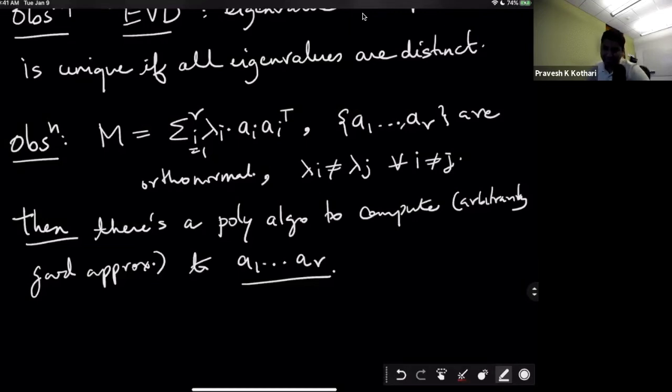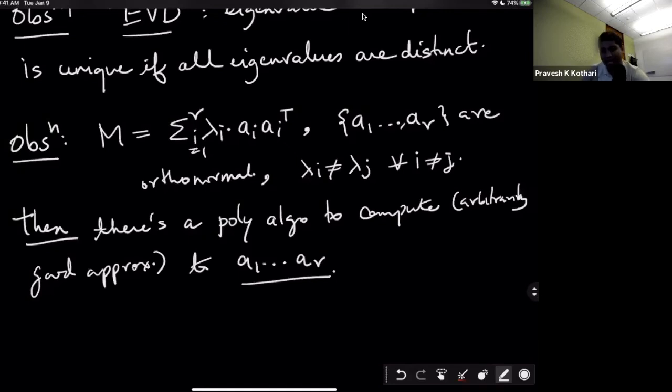So we found one sufficient condition when matrix decompositions are unique, namely, when I look for a decomposition where the vectors that appear in the rank 1 decomposition happen to be orthogonal, and the corresponding eigenvalues are all pairwise distinct.